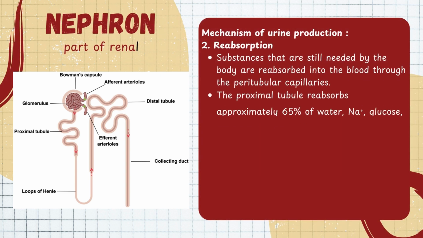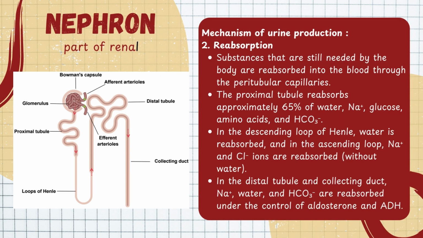The second mechanism is reabsorption. The substances that are still needed by the body are reabsorbed into the blood through the peritubular capillaries. The proximal tubule reabsorbs approximately 55% of water, natrium, glucose, amino acids, and bicarbonate.